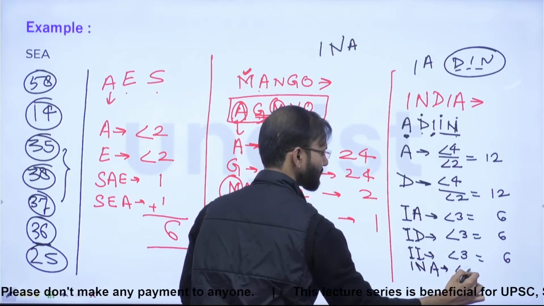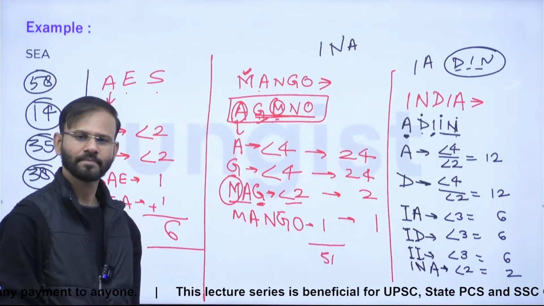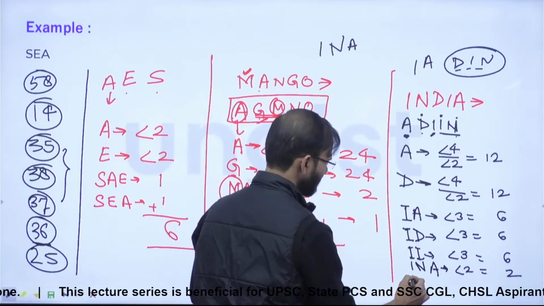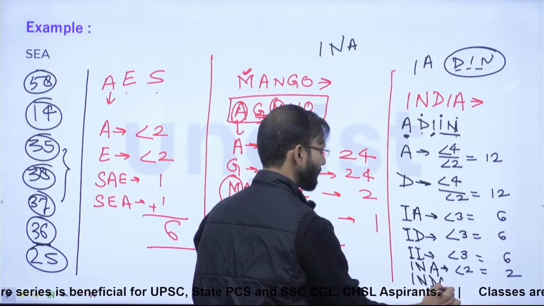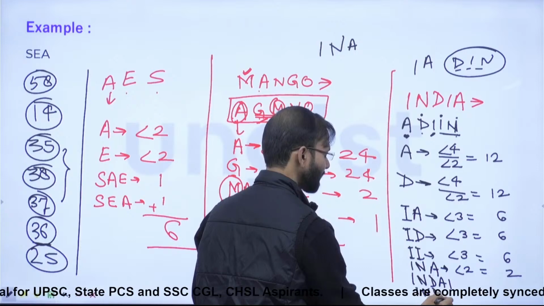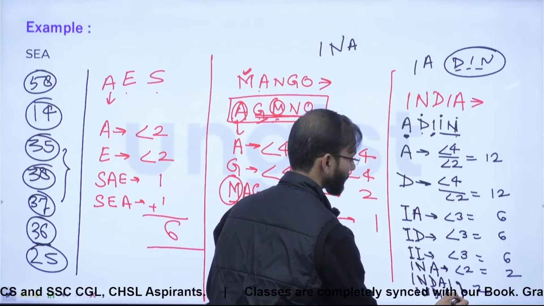So this is factorial 2. So that is 2. After that what? I and D. Then AI will be the first word. Then INDIA will be the second word. So this is 2 more, right? Everybody. Clear now?